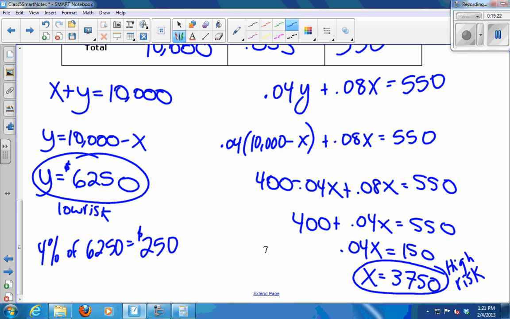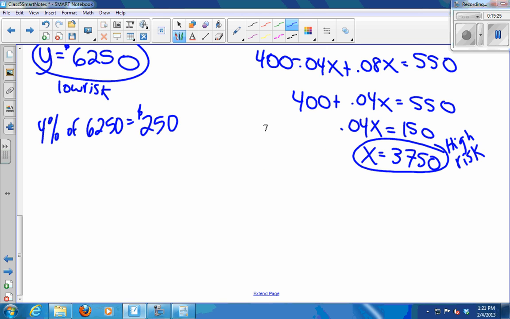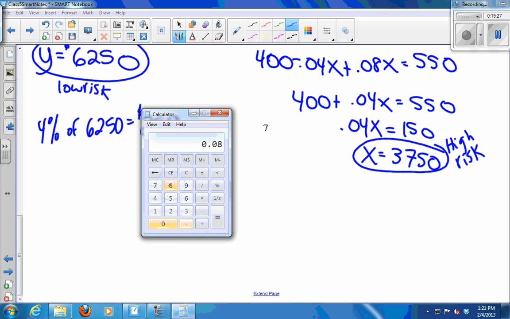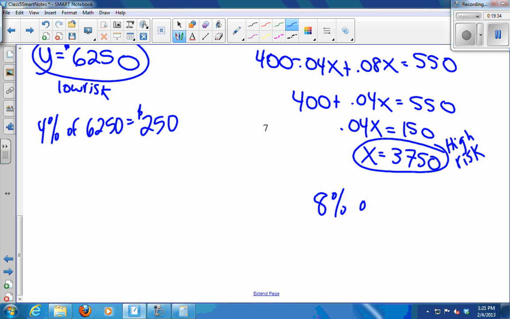And then I'm going to take 8% of my 3,750. 0.08 times 3,750, and I get $300. And 250 plus 300 is the 550 that I was hoping for. Yes, you can always go back and check that you've satisfied what the question asked you for.